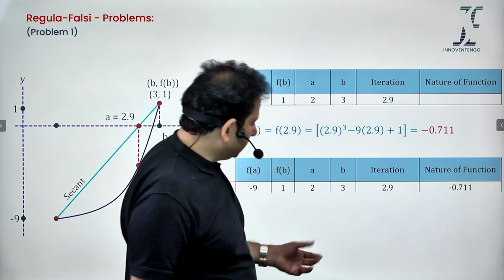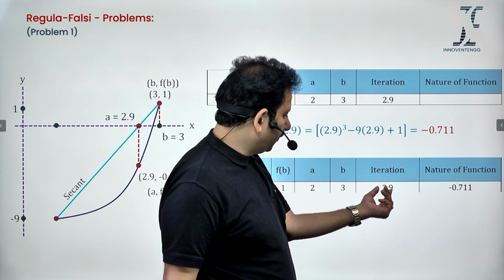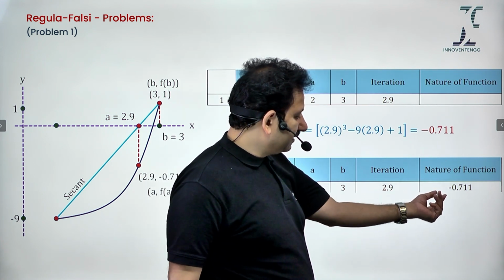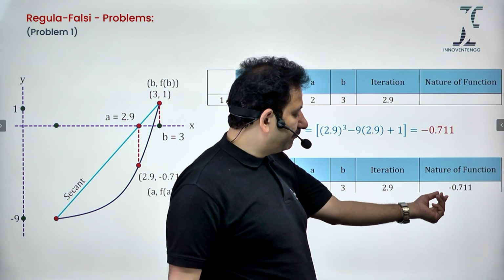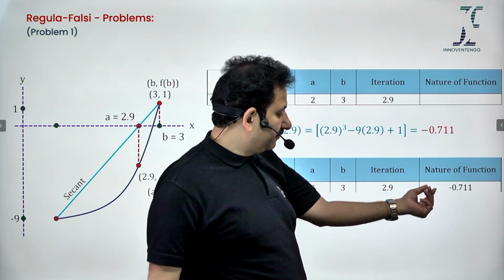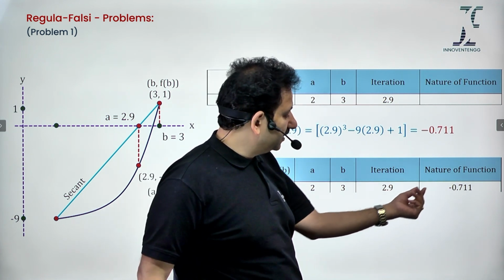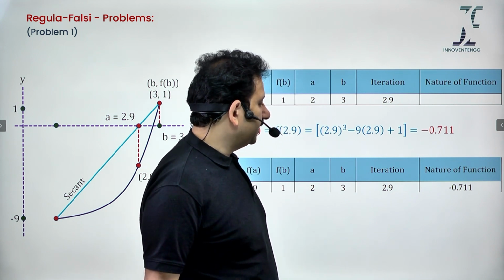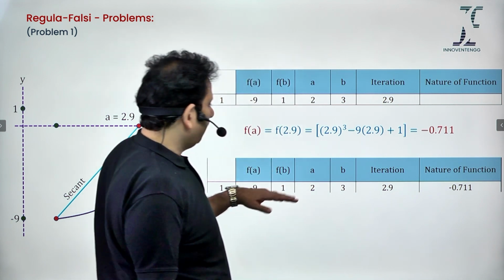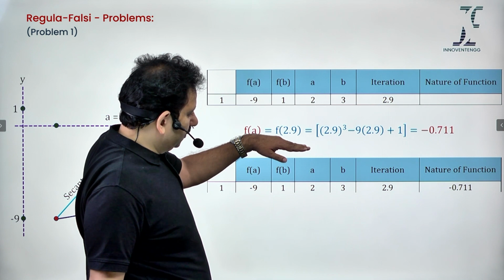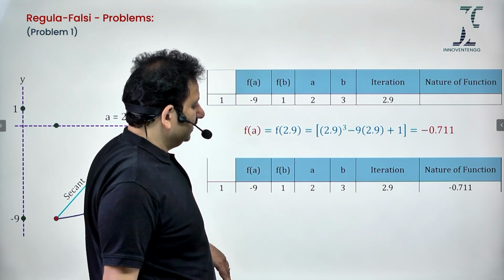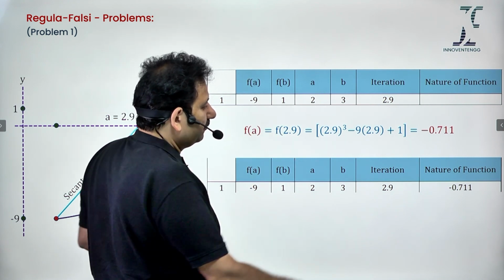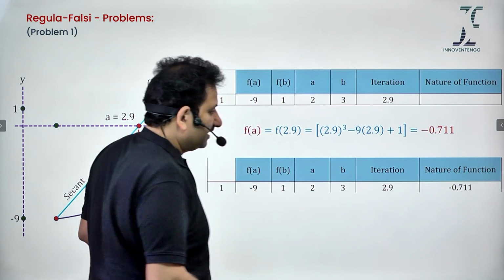The moment we estimated the new a to be 2.9, the value of the function becomes reduced to minus 0.711. How did we get that? We substituted 2.9 in the definition of the function, and we got minus 0.711.